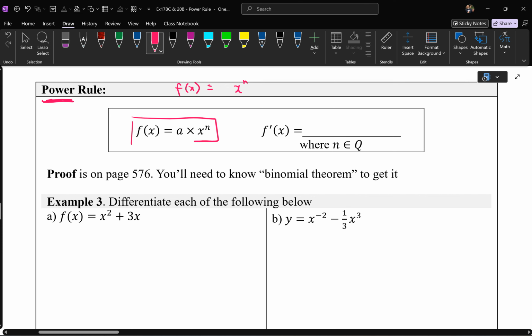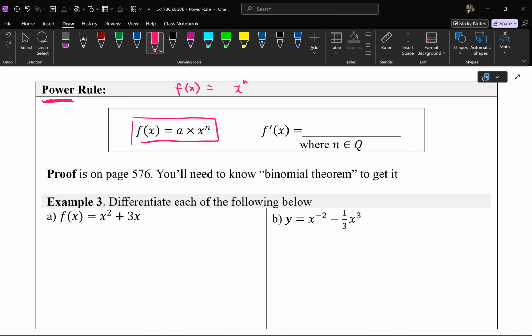If you have a function that has x to the power of n, the rule is drop down the power, so it becomes n times, a still there, times x to the power of whatever the power is minus 1. That's what they figured out. So they used first principles and they played around with the equation and they came to this nice formula. This formula is your shortcut to get there.